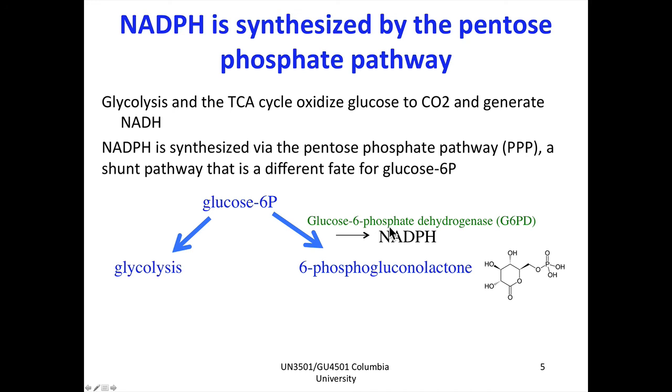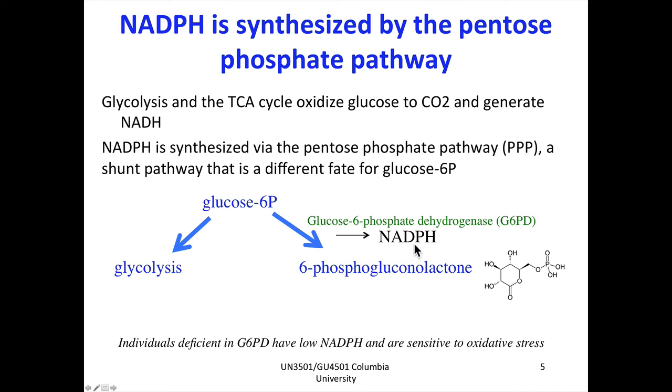Dehydrogenases are enzymes that do this kind of redox chemistry and usually generate or use NADH or NADPH. So in this case, NADPH is being generated by this enzyme, and we need this pentose phosphate pathway in order to generate NADPH as the main source in most cells.